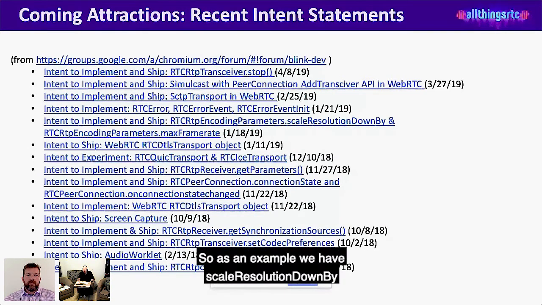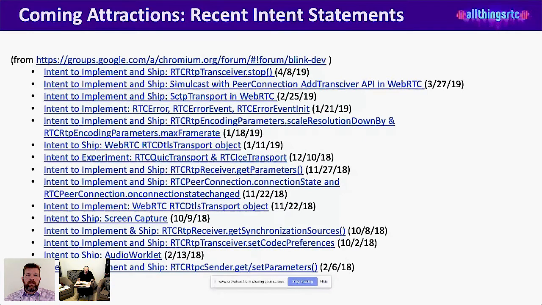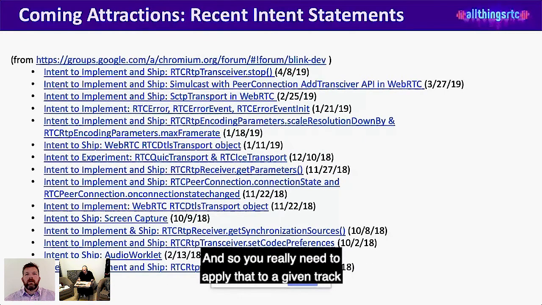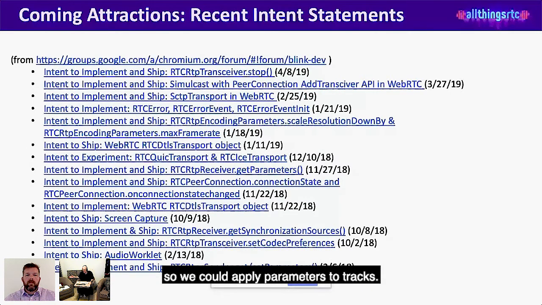As an example, we have scale resolution down by, which wouldn't make sense for audio. And so you really need to apply that to a given track. Once we decided to move to the track model, it made sense to also have the object model so we could apply parameters to tracks.